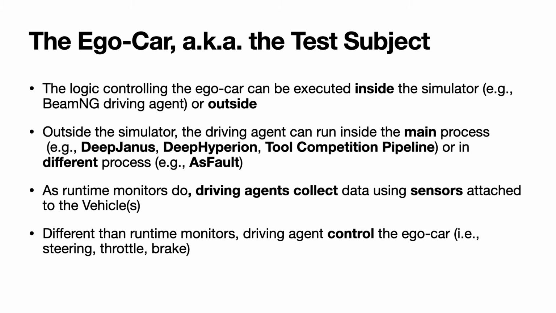The driving agent is going to connect to the simulator, pull the data, compute the control actions, and then send the control commands back to the simulator. So this is the fundamental difference between test subjects and runtime monitors: the test subjects can indeed control the cars, one or more. Each car can be controlled separately. And the control takes the form of the usual steering value, -1 to +1, left and right, throttle and brake.